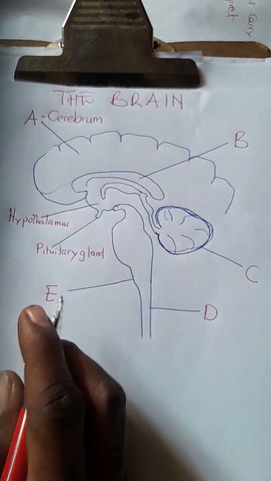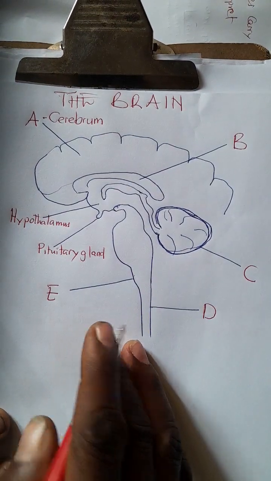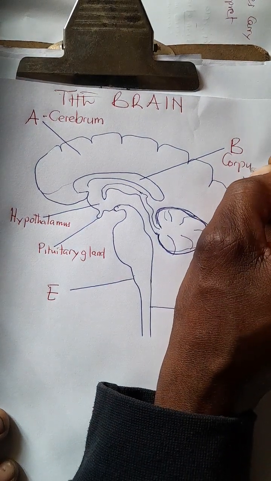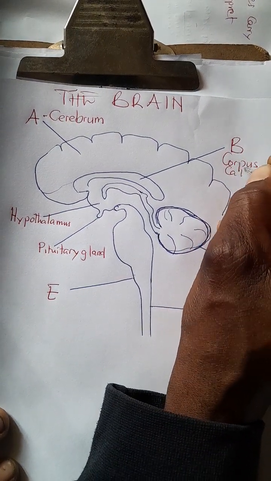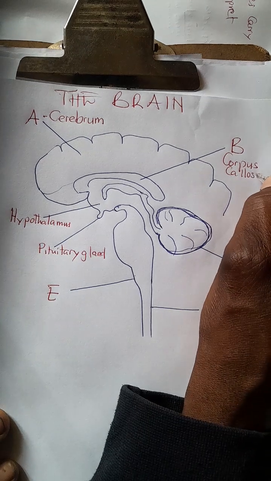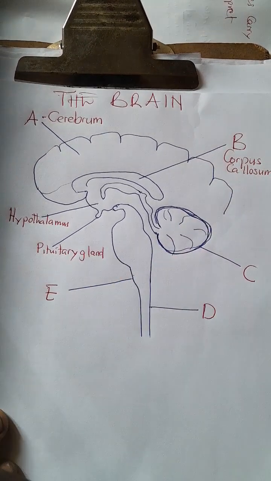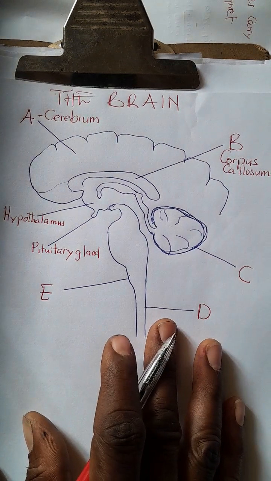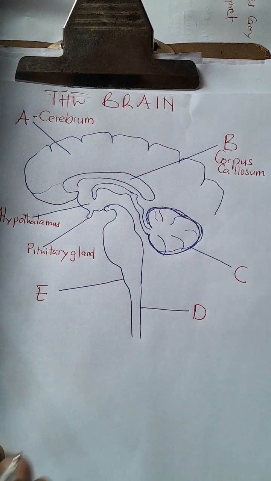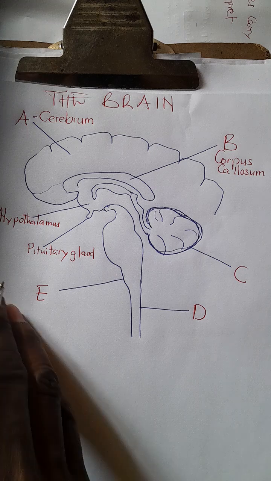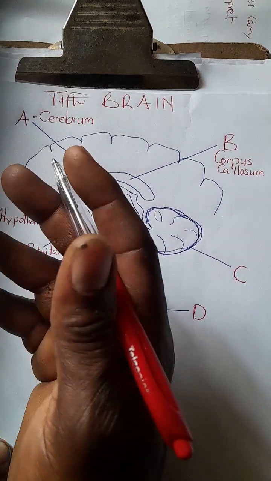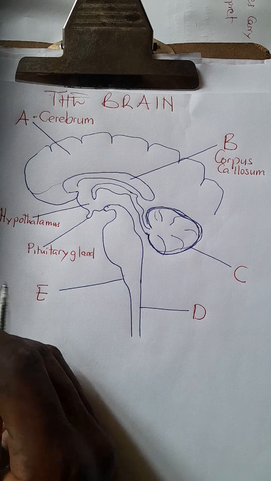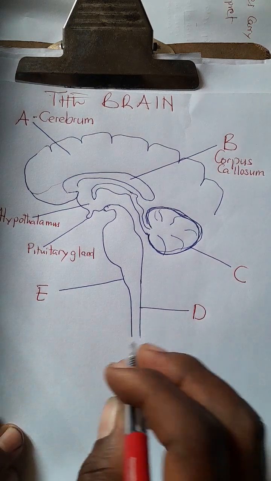B is the corpus callosum. Look at my spelling: corpus callosum. Remember the corpus luteum. But please be careful, don't talk about the corpus luteum. This is the corpus callosum, and that is another thing.